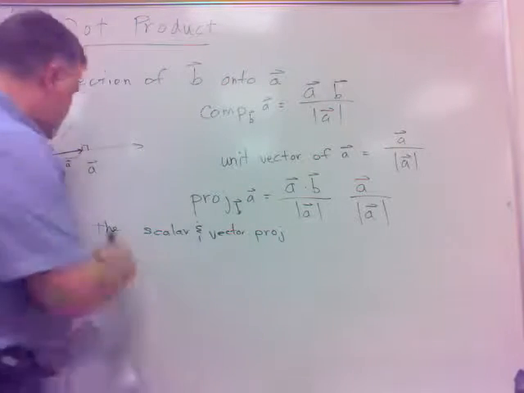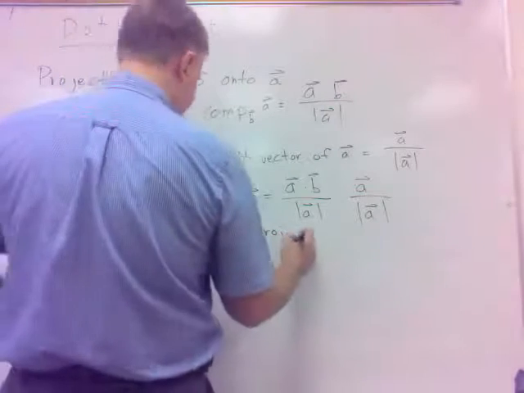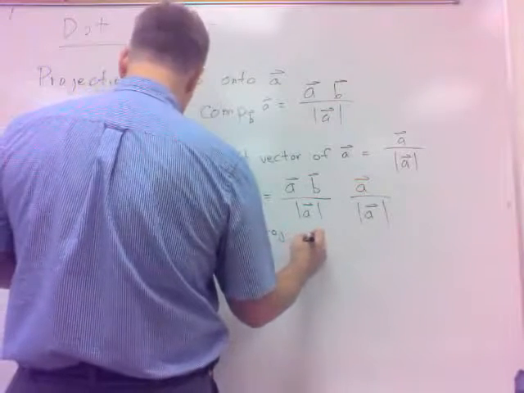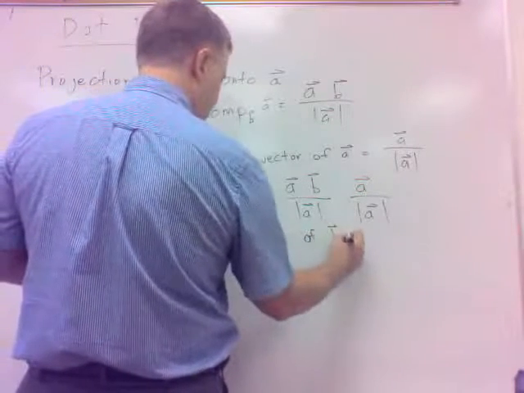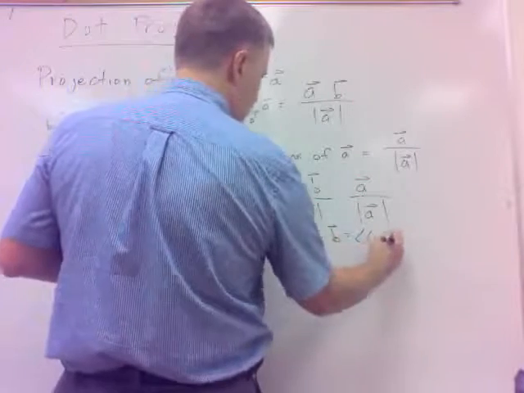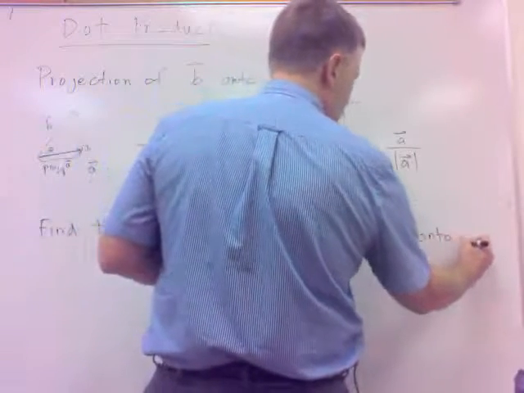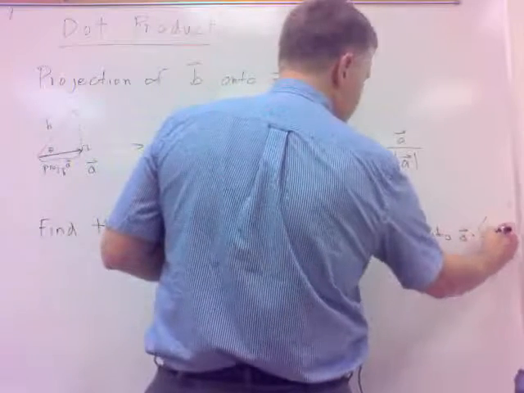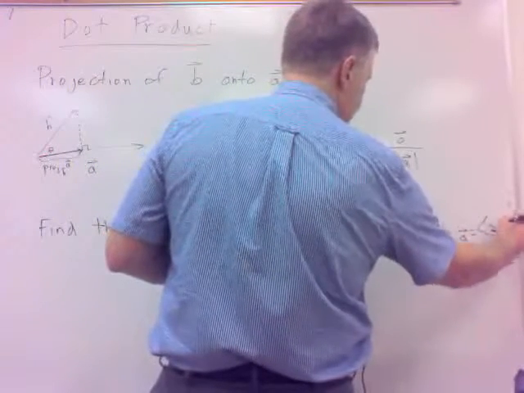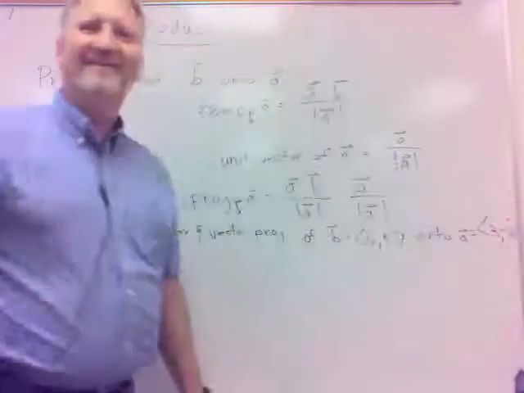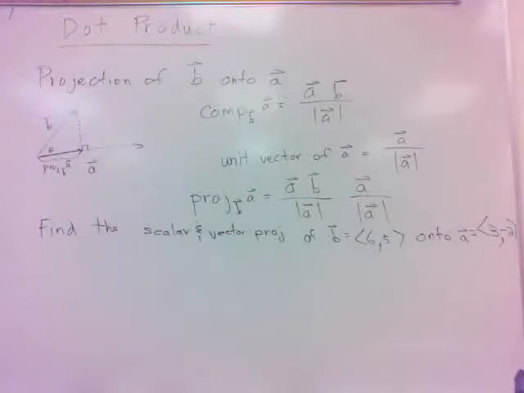Find the scalar and vector projection of vector B, 6, 5, onto vector A, 3, -2.